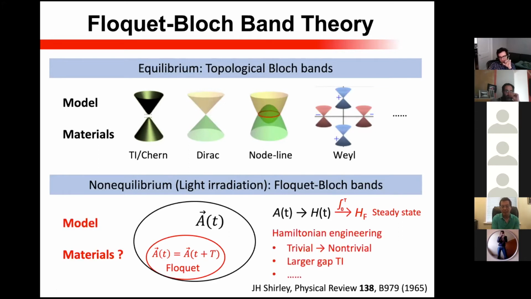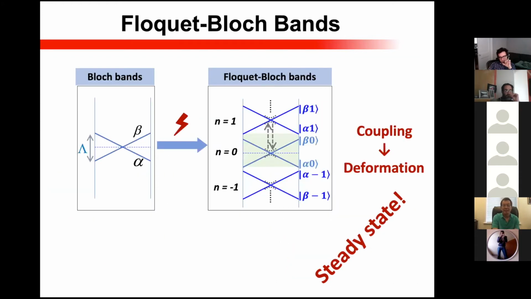You modify your Hamiltonian, and you go from the Bloch bands to the so-called Floquet-Bloch bands. The zero state is the original band, and if the electron absorbs a photon, the virtual band structure has index n equal to 1. If they emit one, the virtual index is n minus 1, and that's basically a constant shift of energy of the original bands. However, if you consider the coupling between these different states, then you deform the band structure.